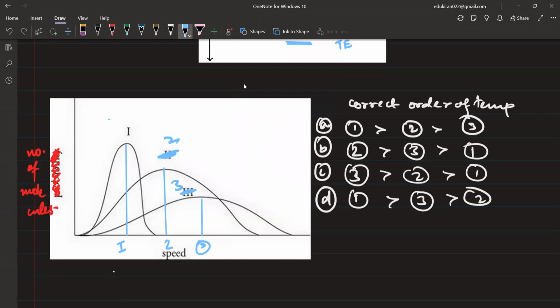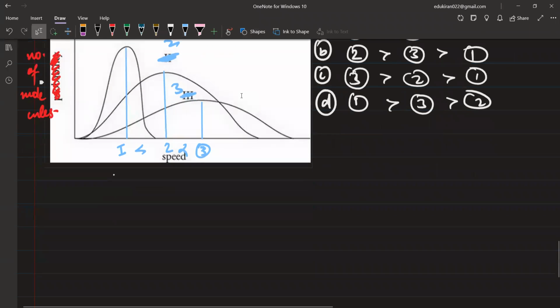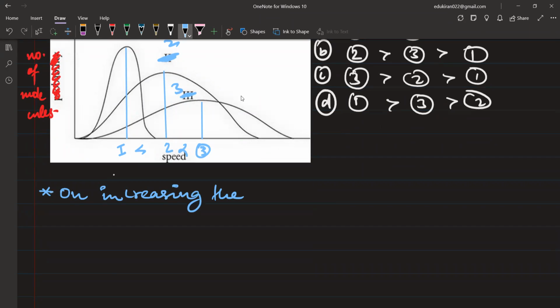So obviously we can see that 3 is greater than 2 and it is greater than 1. Right? On increasing the temperature, the Maxwell-Boltzmann distribution curve shifts rightward.